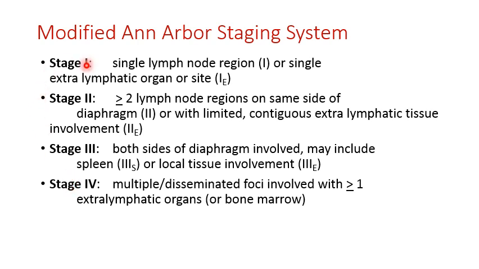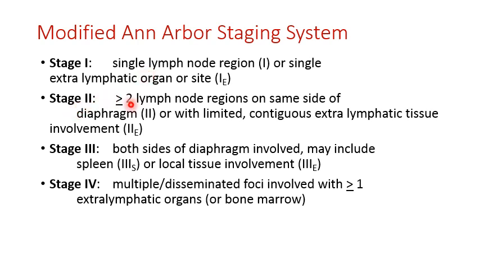Stage 1 is either a single lymph node or single lymph node region. So if the axillary group is involved, right? So one lymph node or one lymph node group involved.